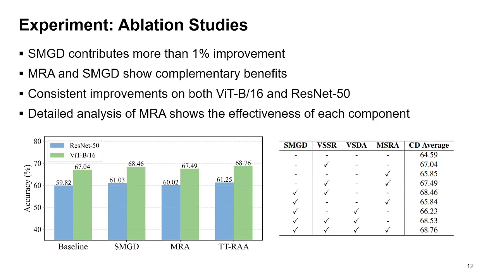SMGD and MRA also show complementary benefits. The consistent improvements can also be found on both ViT-B/16 and ResNet-50 vision backbones. Detailed analysis of individual components of MRA shows the effectiveness of each component.